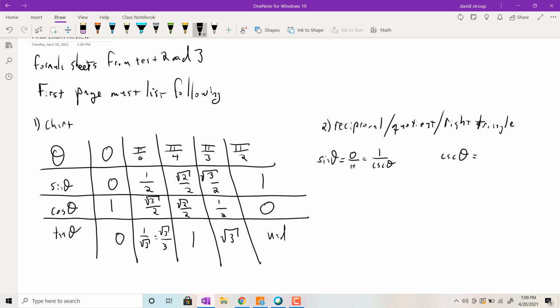Cosecant theta is equal to hypotenuse over opposite, which is also equal to 1 over sine. Cosine of theta is equal to adjacent over hypotenuse, which of course is just going to be 1 over secant.